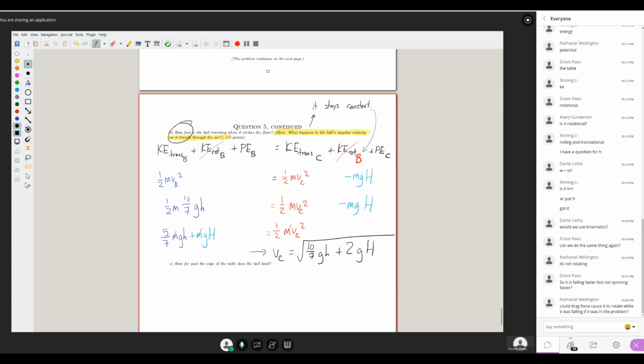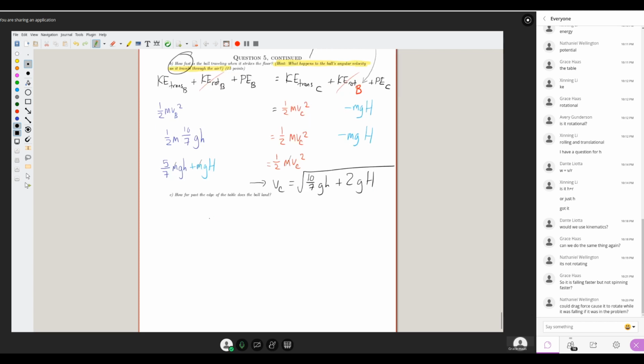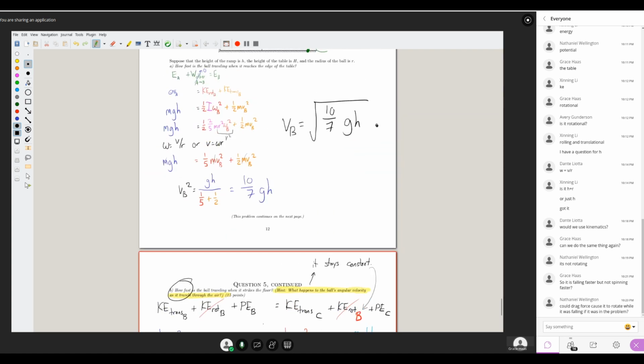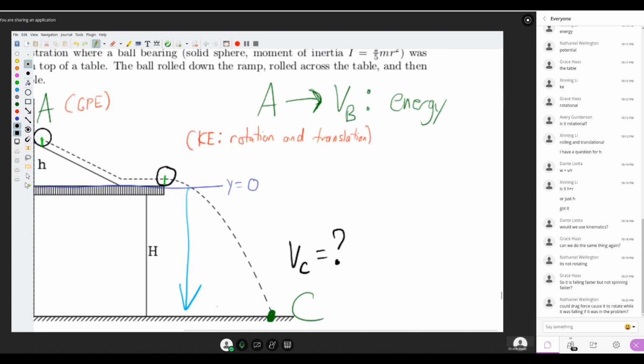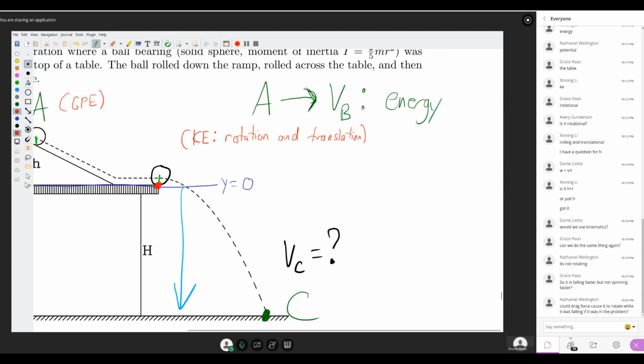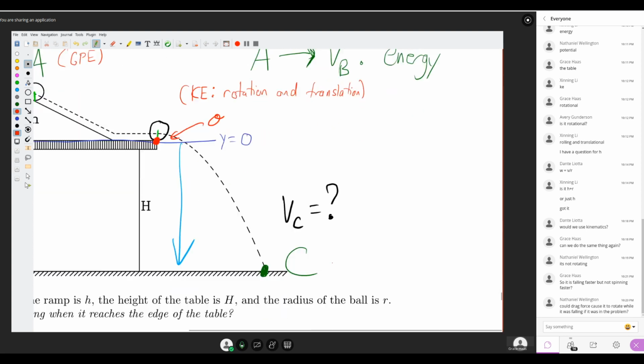Okay, part C says how far past the edge of the table does the ball land? And for that, you just use kinematics. I'm going to do this one pretty quickly. I don't think we need a lot of review on this. So we're asking, what is x at the time y equals -h, with your coordinate system where you choose the origin to be at the edge of the table.